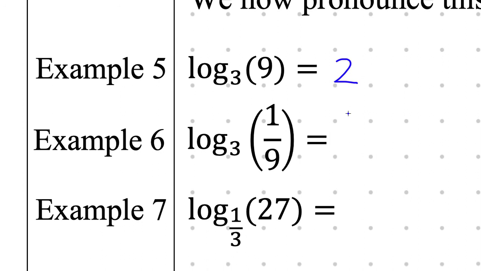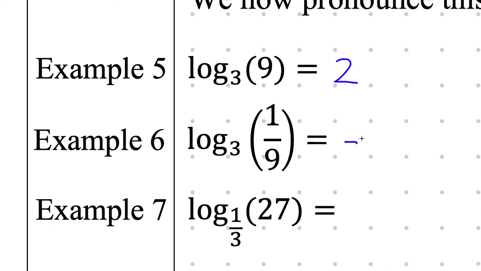Okay, slightly harder now. We haven't done this level of difficulty. Log base 3 of 1/9. How am I going to do this one? It was a fraction, so fractions usually mean it's a negative power, but it went from 3 to 9. How did I get from 3 to 9? India?